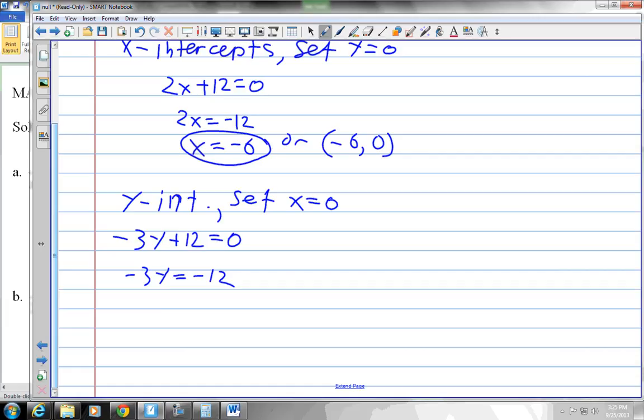Right. So divide by negative 3, divide by negative 3. Y equals 4. Or 0, 4, because that's on the y-axis. Now x is 0, y equals 4. So now you have 2 points, one on the x-axis, one on the y-axis, and that's enough to graph a line.